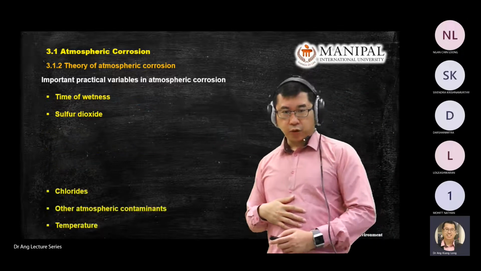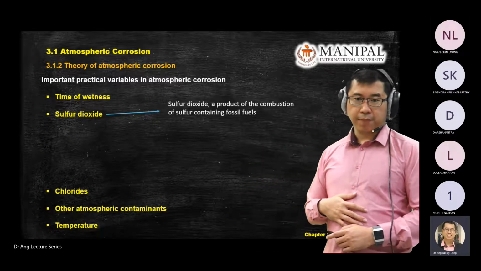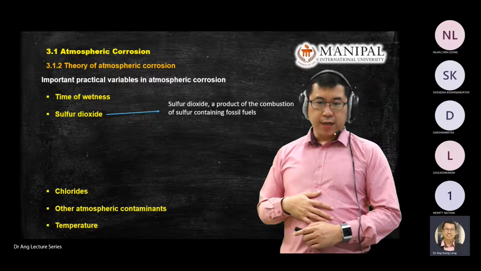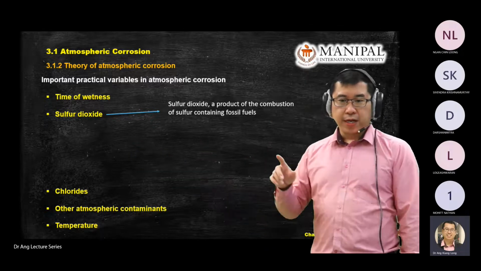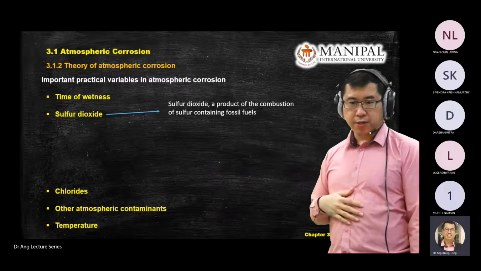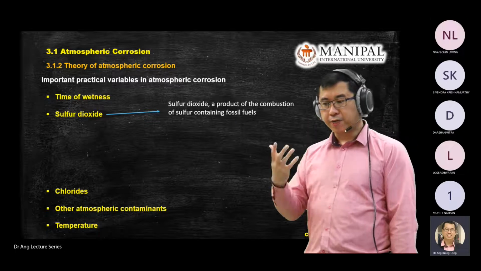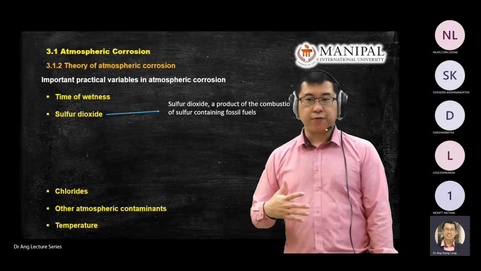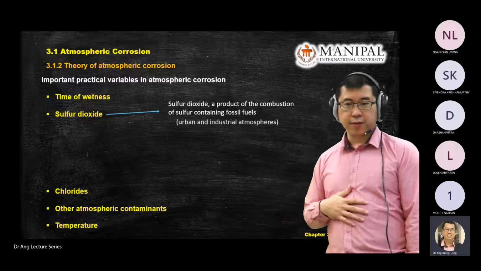Then for the sulfur oxide, what does sulfur oxide contribute to atmospheric corrosion? Or where does this sulfur oxide come from? It comes from the combustion process, from fossil fuel. Fossil fuel means you can think of the engine, automotive cars, factories, and all this.